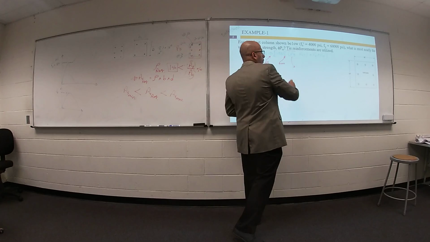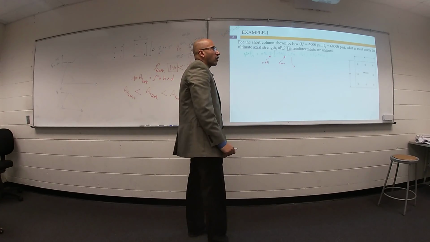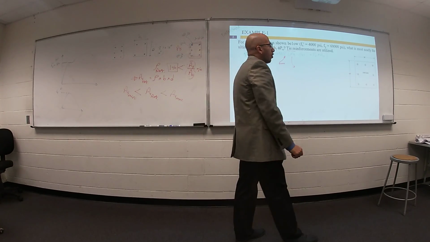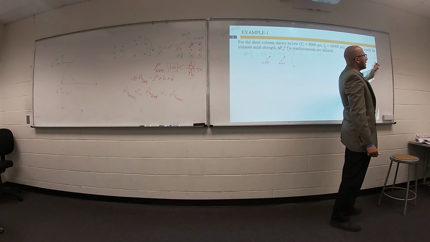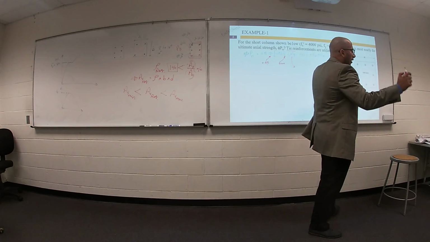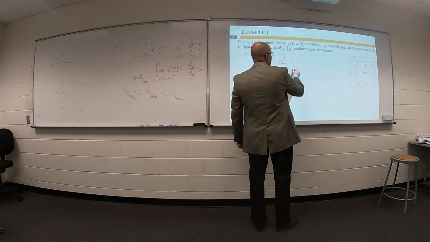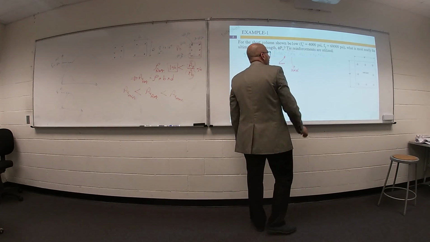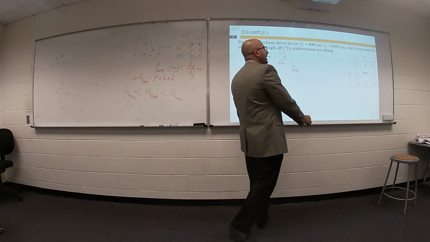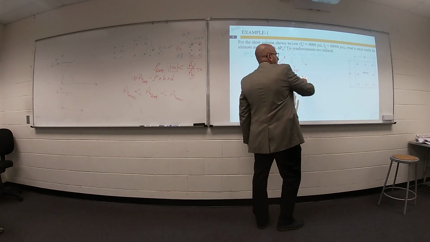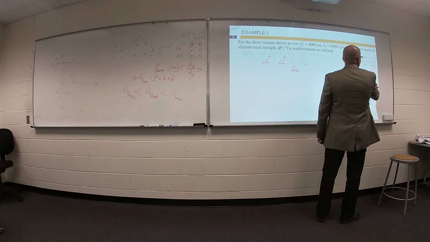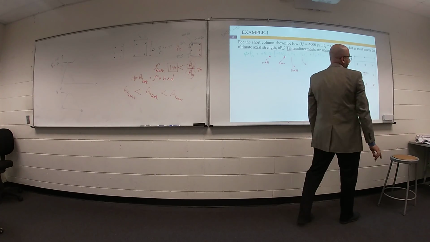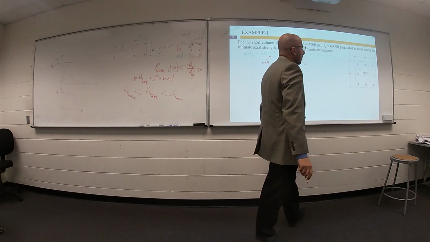Area gross, what is the total area of your cross section? We have a column here, 16 inch times 16 inch. So the total gross area of your column is 16 times 16. What is the area steel? Your longitudinal reinforcement is number 9. Open your table.